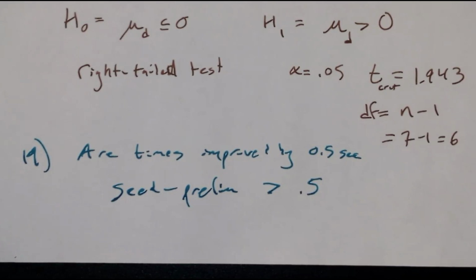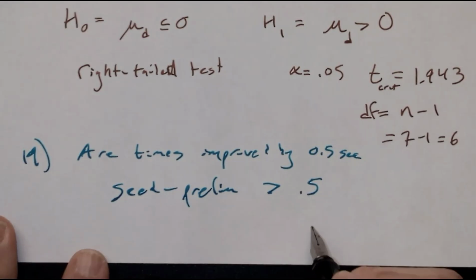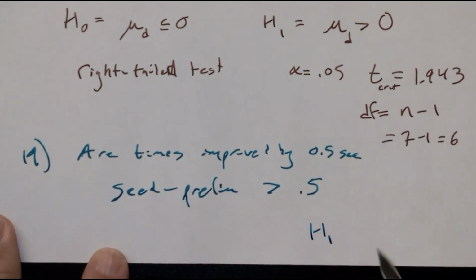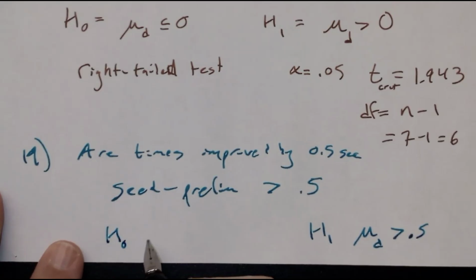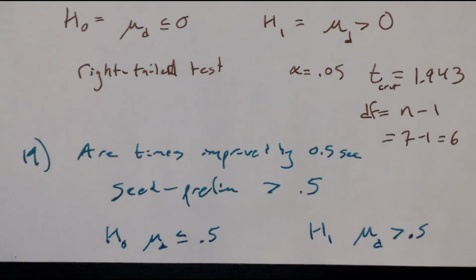Well, if this is my difference, then my alternate hypothesis should be that the difference is bigger than 0.5. And my null hypothesis should be no, there's really no difference, or whatever that difference is, it's less than half a second.